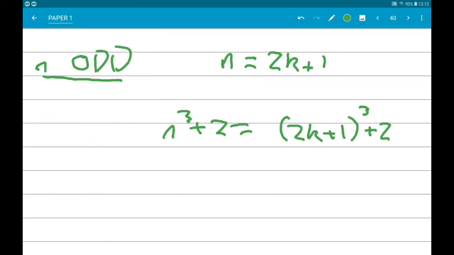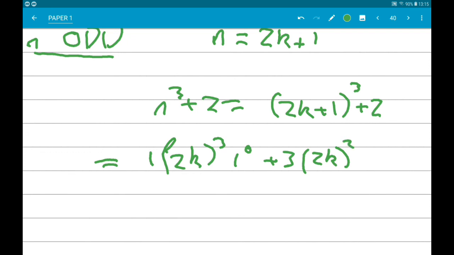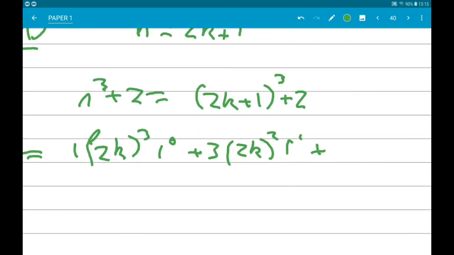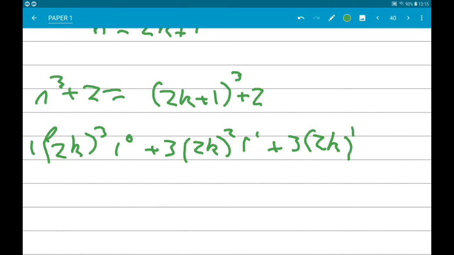So, we're gonna have one lot of 2k cubed times 1 to the power 0, add 3 lots of 2k squared times 1 to the power 1, add 3 lots of 2k to the power 1 times 1 squared, and then add 1 to the power 3, so 1.